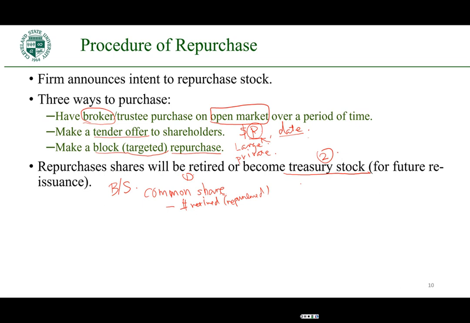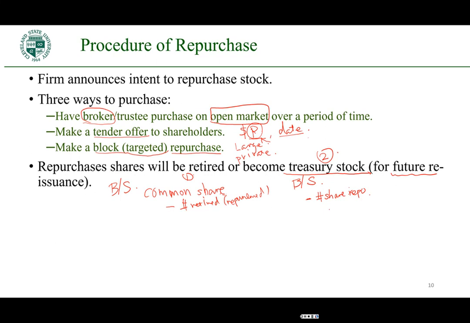Treasury stock is one entry in the balance sheet, usually below common shares. The number of shares repurchased appears in the treasury stock as a negative entry. Negative shares repurchased. These treasury stocks are held in the company and they can be used for future reissuance. So what can the company use it for?